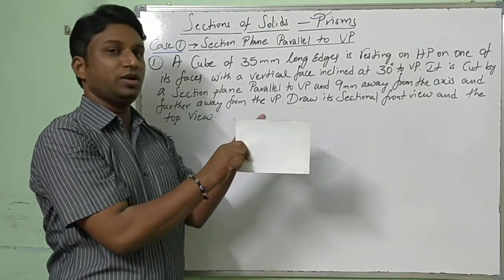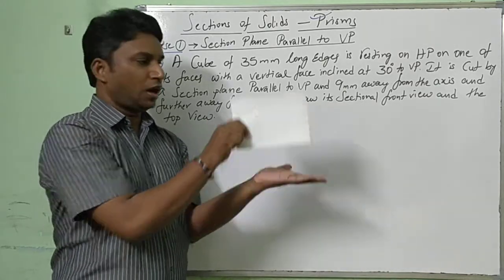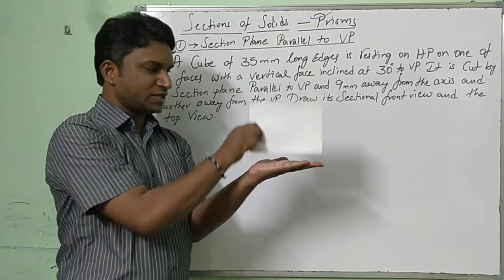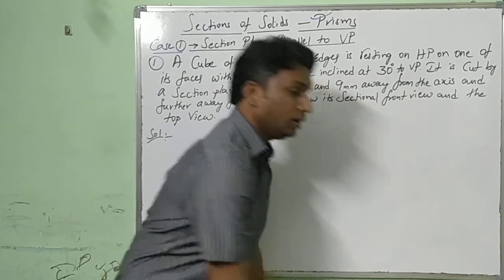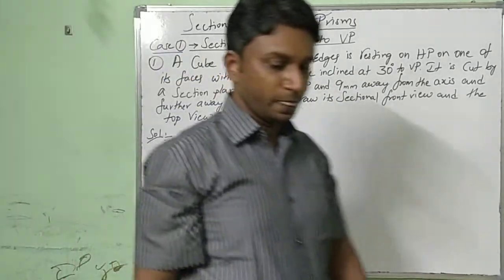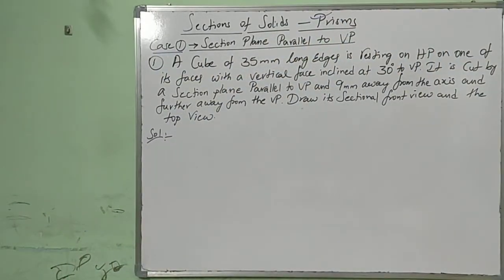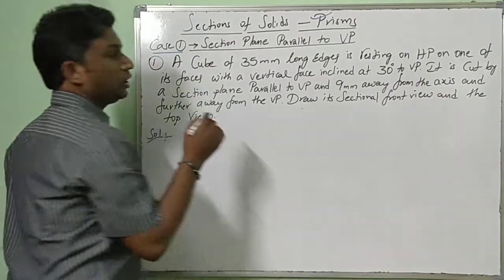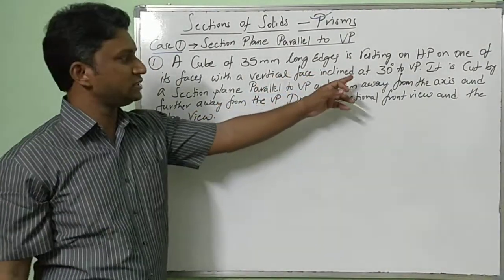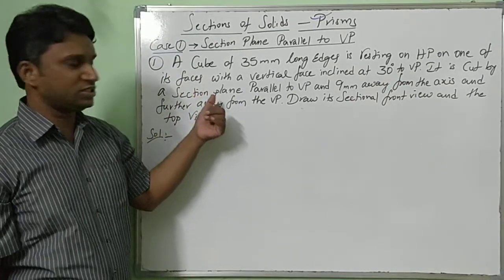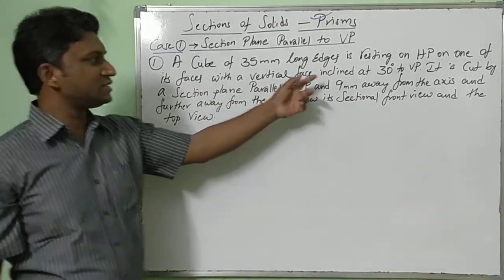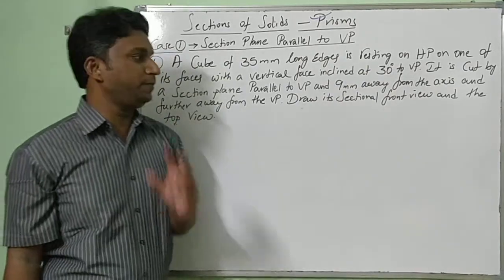Now we will have an object, and that object will be cut by this section plane, which is located parallel to VP. We will look at this with the help of a question. Question number 1. A cube of 35 mm long edges is resting on HP on one of its faces with a vertical face inclined at 30 degrees to VP.